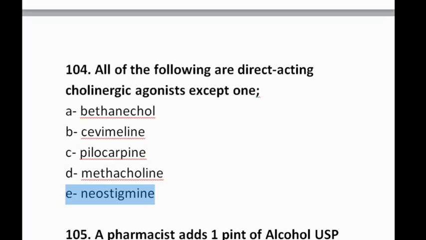So when this enzyme acetylcholinesterase is inhibited, the acetylcholine will no longer be broken down into its parts, and thus acetylcholine will stay longer in the synapse and go on stimulating the adjacent neuron. Thus it is acting as an indirect acting cholinergic agonist. So option E is the correct answer.